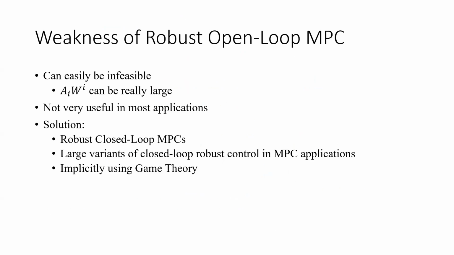And here are some of the weaknesses of robust open loop model predictive control. As we said earlier, this additive effect of the A^i W_i can end up being really large.